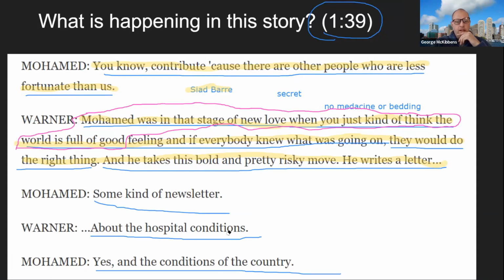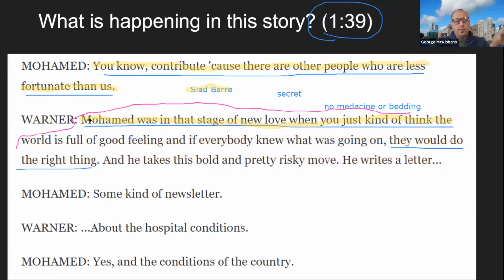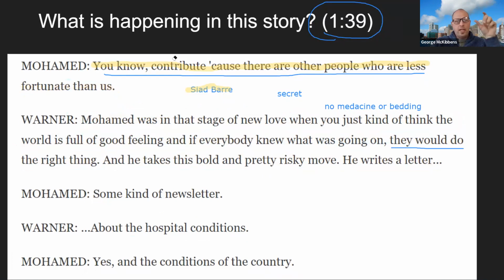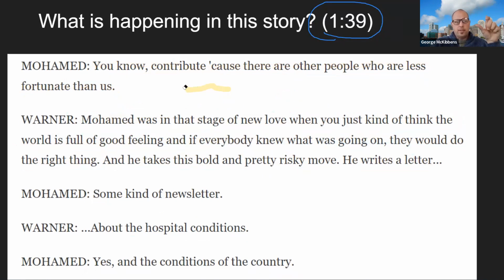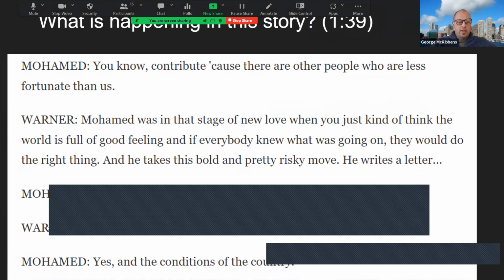But just to solidify it and show you a model for how we can both read and listen to the story at the same time, I put the timestamp right here. It's 1:39. So 1 minute and 39 seconds. That's the very, very beginning of the story.